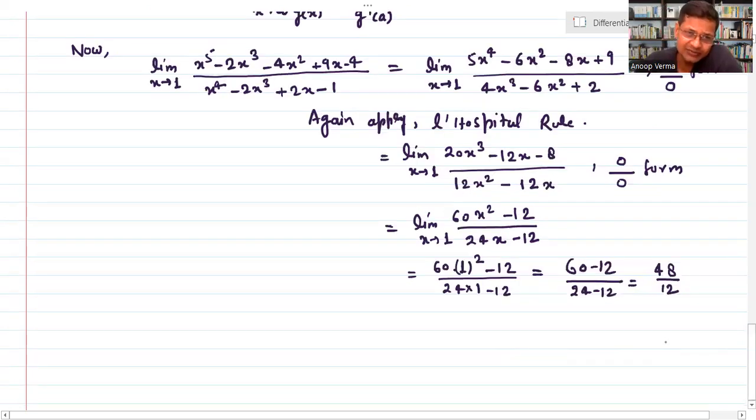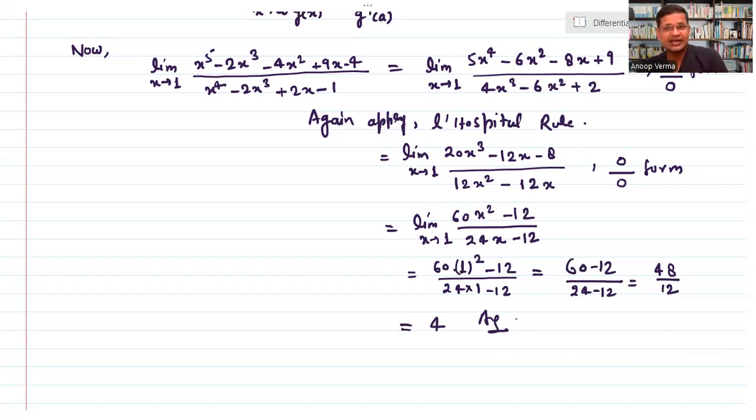So this is 48 upon 12, and this is your answer of this limit. So here we have 0 upon 0 form two or three times, so you just apply the L'Hospital rule again, and you will get the answer in the end. So the answer will be equal to 4.